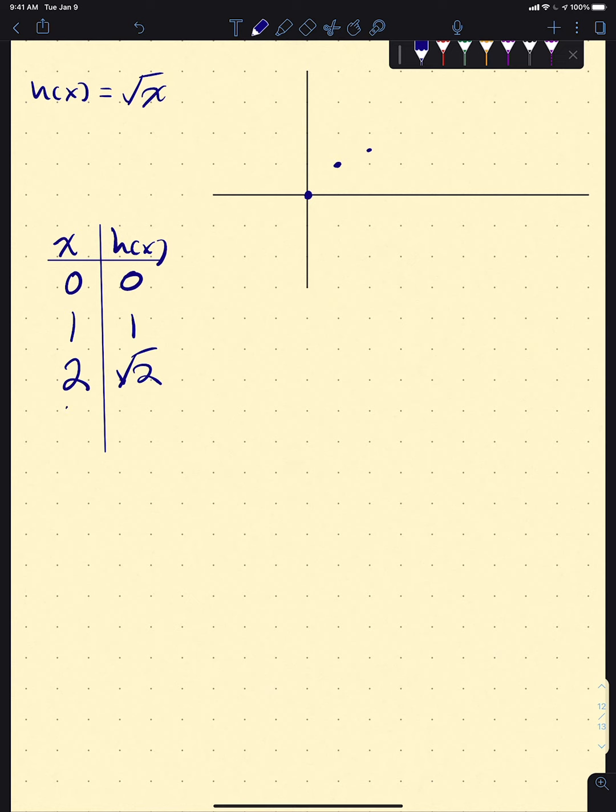Skipping 3, what's the square root of 4? Well, the square root of 4 would be 2, so by the time we're at 4, we're all the way up to 2. And I think we have enough information to get an idea of the trend here, and the trend of this graph is to do a little something like that, where it's going to continue very slowly up and to the right.